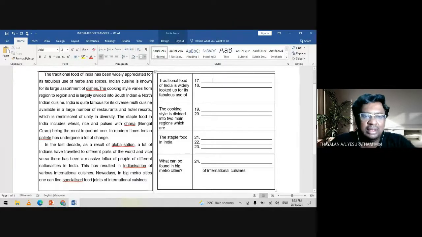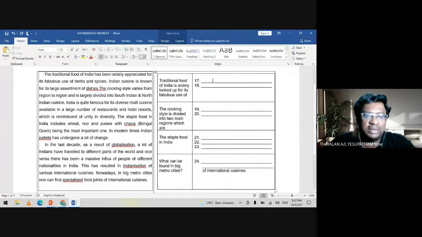Indian cuisine is known for its large assortment of dishes. The cooking style varies from region to region and is largely divided into South Indian and North Indian cuisine.